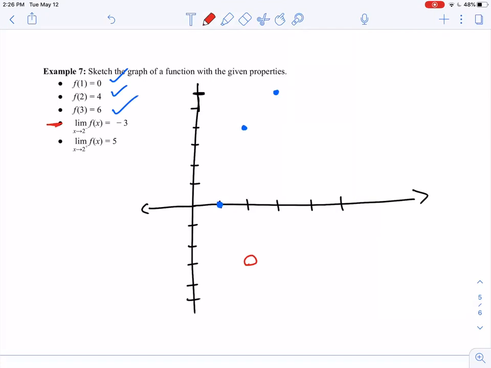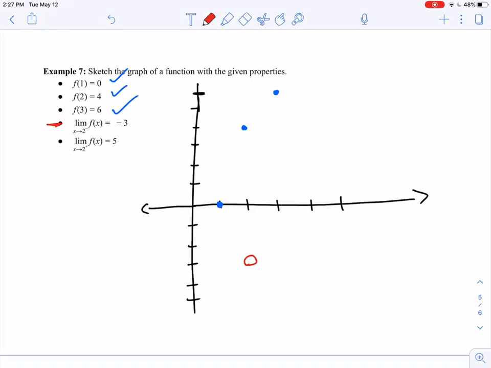And how the left-hand side of your graph looks is up to you, but this time we have a little bit more structure. We know that it's going to pass through this point right here. And you could get really, really fancy with these, but again, my advice is just to keep it simple. I'm going to draw a function that passes through this point and then ends up at this red open circle that I've drawn.